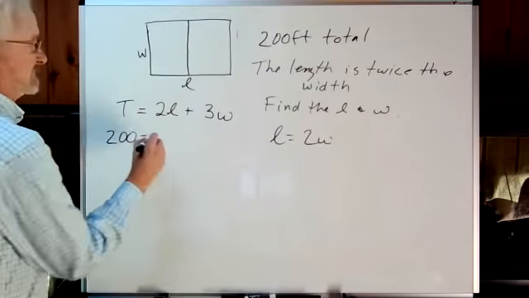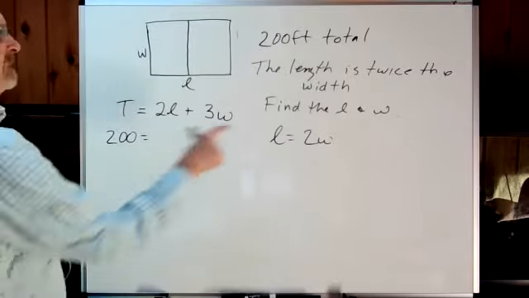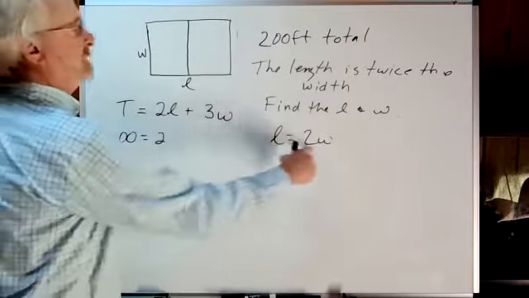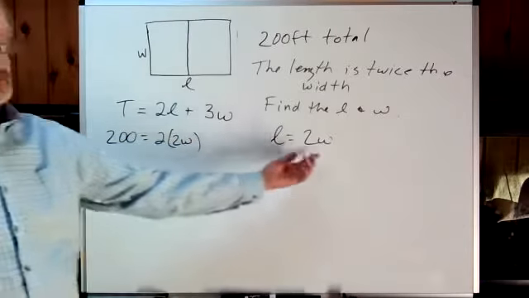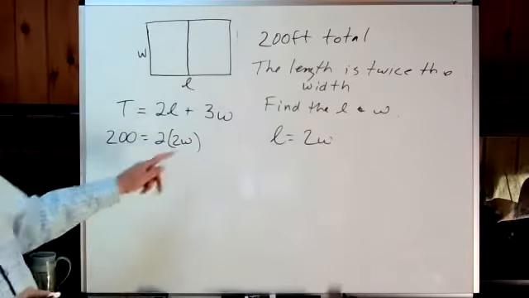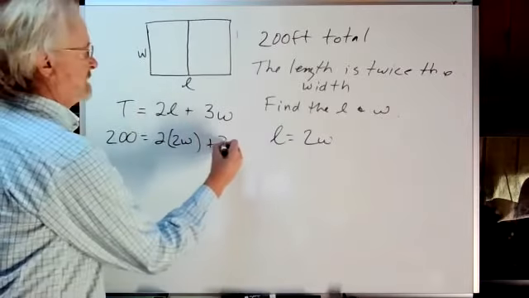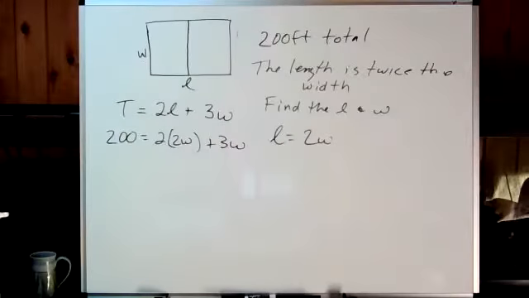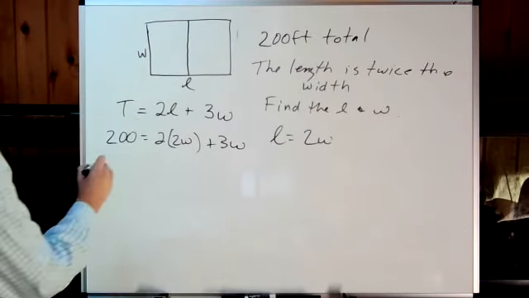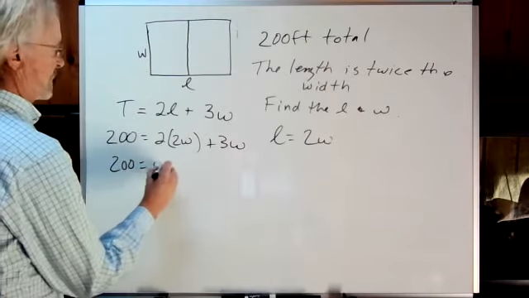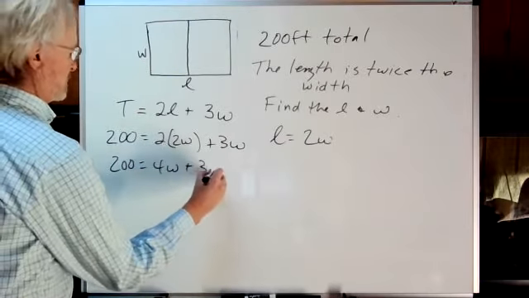I think if I'd chosen 210, it would be better, but 2 times 2W, right? The length was 2W itself, so 2 times 2W plus the other 3. Now I've got an equation with just one variable. The 200 is 4W plus 3W.